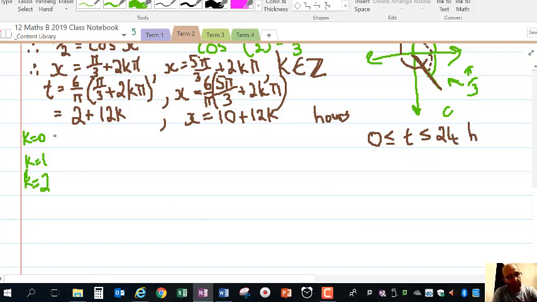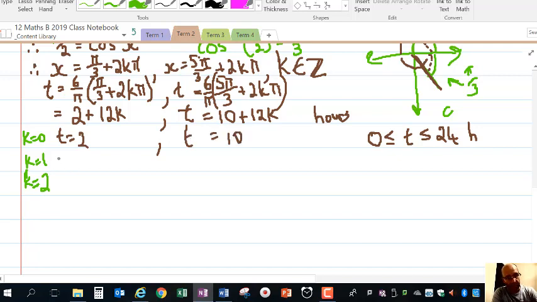It's obvious that when k equals 0, t equals 2 hours. Oh look, I've been writing x there. Sorry, they should be t's, and I will fix that. Apologies. And when k is 0, t is clearly 10.